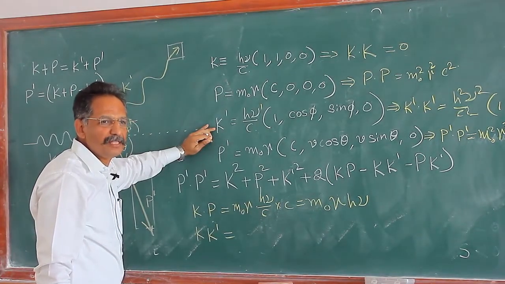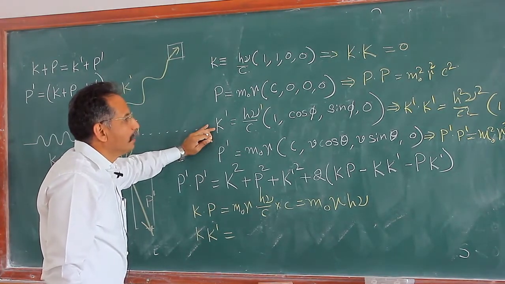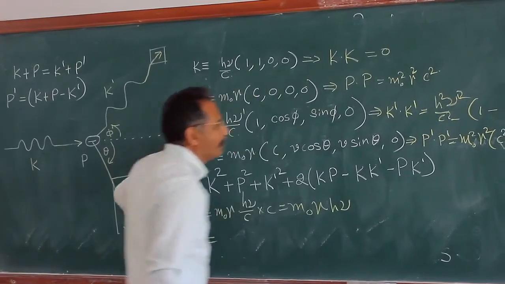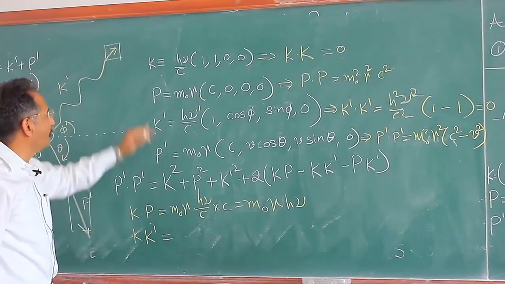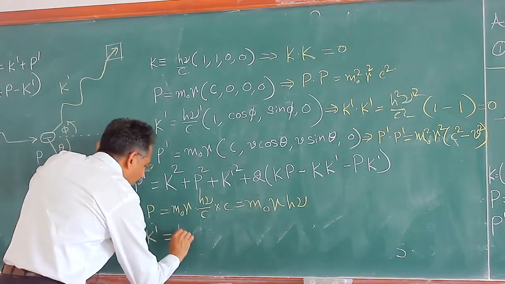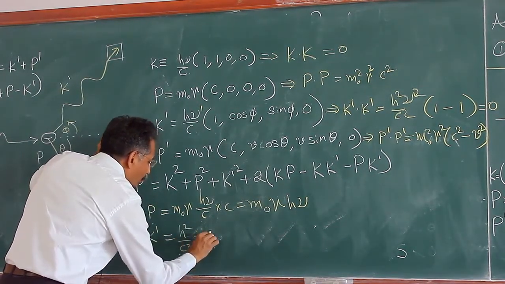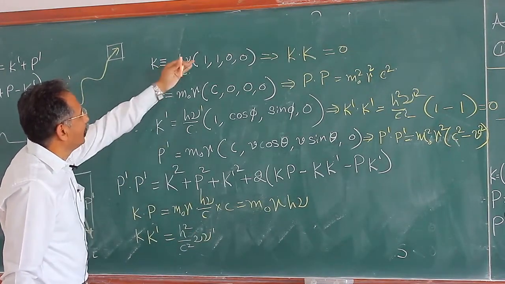K dash should have a different frequency, nu dash. So k dot k dash will be h square by c square nu nu dash. So this is that product.